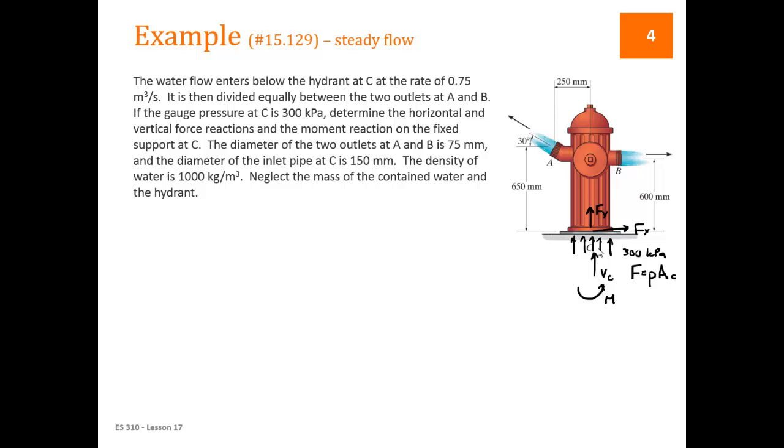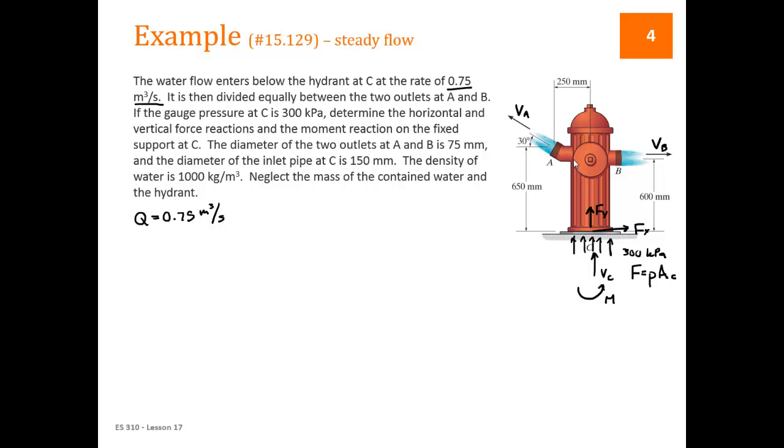The water comes into the hydrant, and we're told that it has a volumetric flow rate of 0.75 meters cubed per second. So we know Q is equal to 0.75 meters cubed per second. And then it's going to leave the hydrant. We've got VB over here, and we've got VA over here, and notice VA is at an angle.